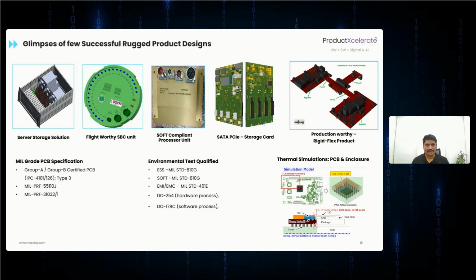Additionally, thermal analysis is not only at PCB level, it's most important to carry out at the enclosure or the chassis level, considering the harsh dynamic environments as part of ruggedization. Different markets, but they share one single story. Ruggedization wasn't patched on, it was designed in.